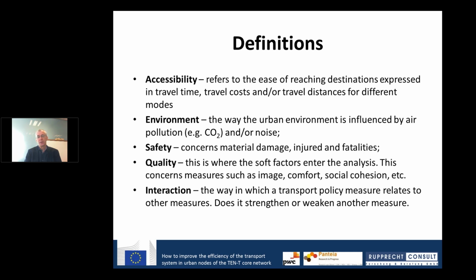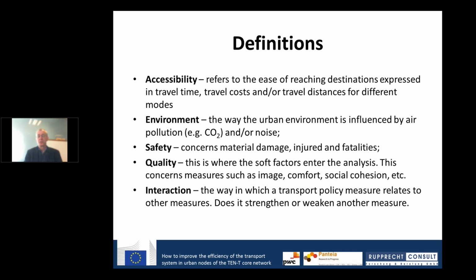And concerning air pollution, one might think of CO2 emissions. Looking at safety, this concerns casualties, fatalities, injuries, and material damage. It's often quantified, but in some cases we also came across some monetizations for these.